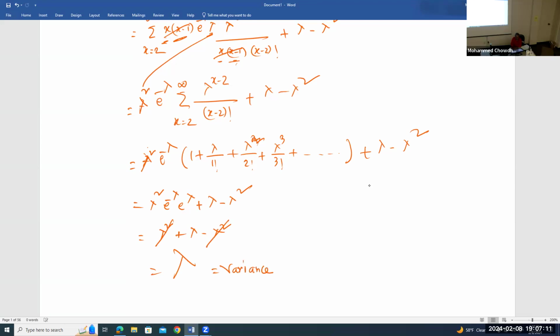We are finding variance, and also mean. Poisson distribution is the only distribution that has the mean and variance the same. Understand?